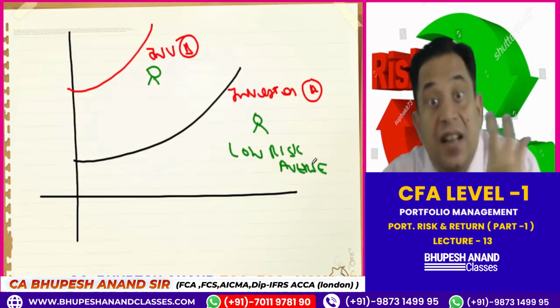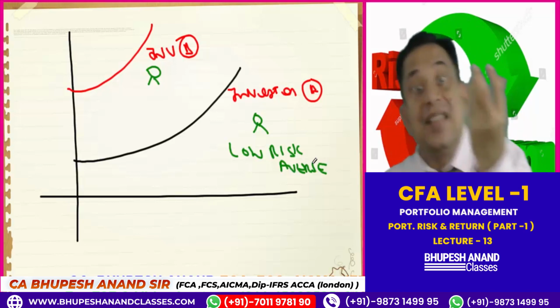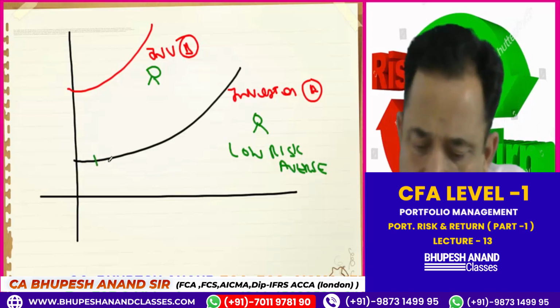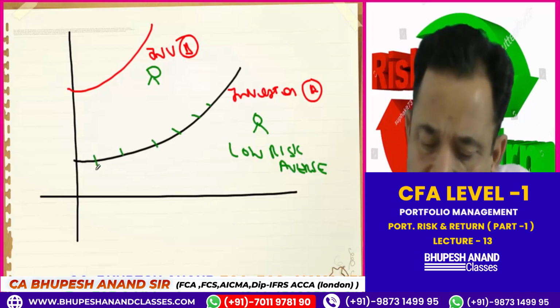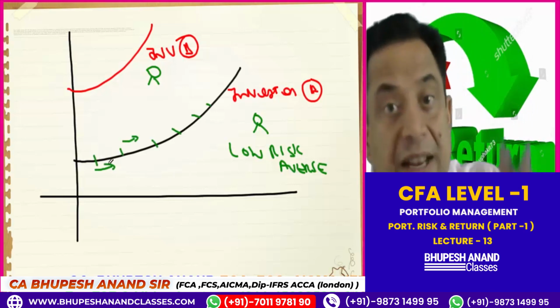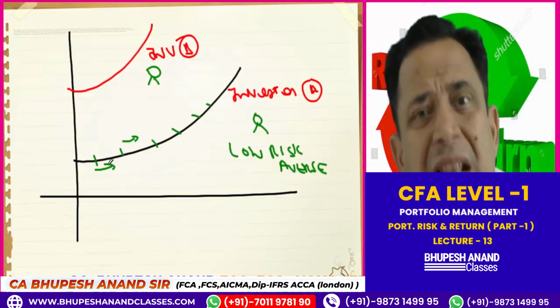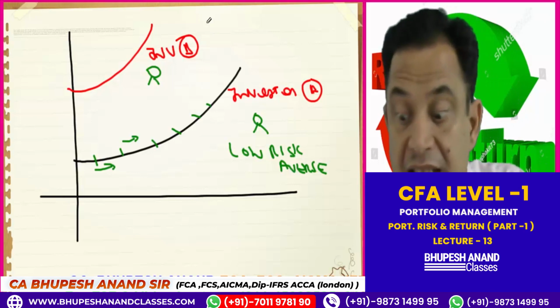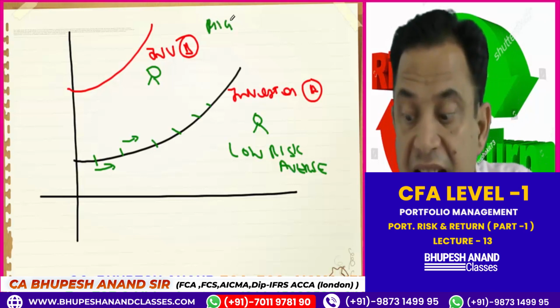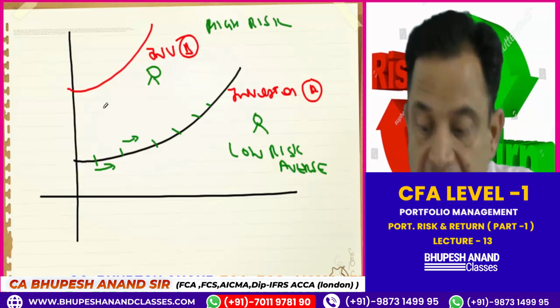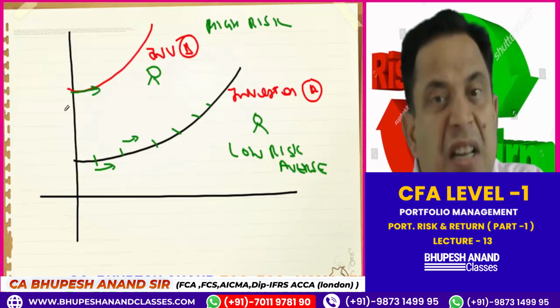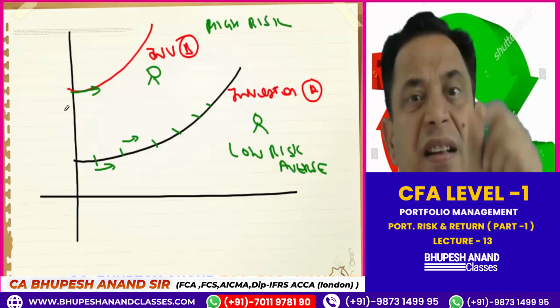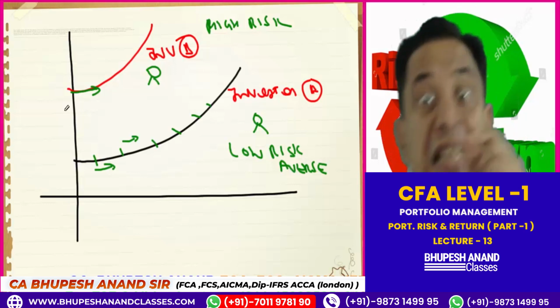Within risk averse, there are low risk averse and high risk averse. When I say low risk averse, it means if risk increases, their expectation for return will also increase, but at a proportionate level. But if that investor is high risk averse, then for a 1% increase in risk, they want a 10% increase in return. Those are named as high risk averse.